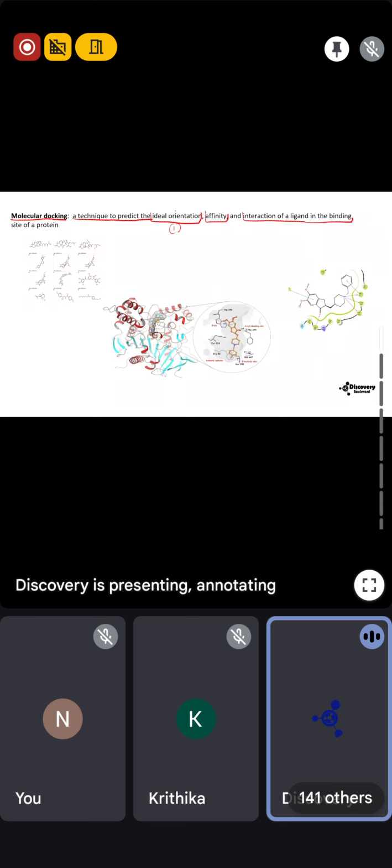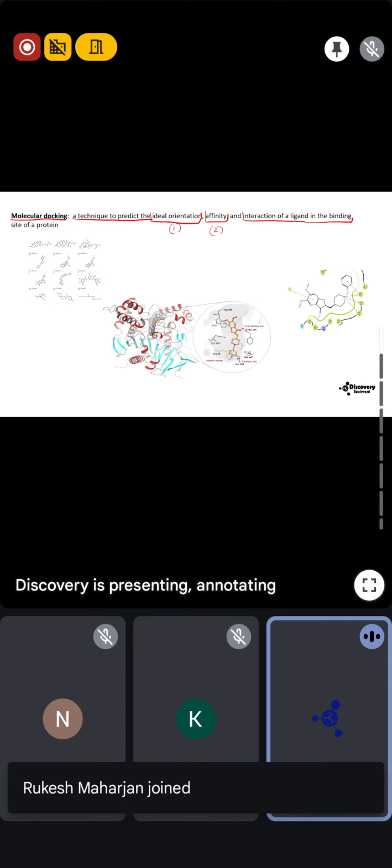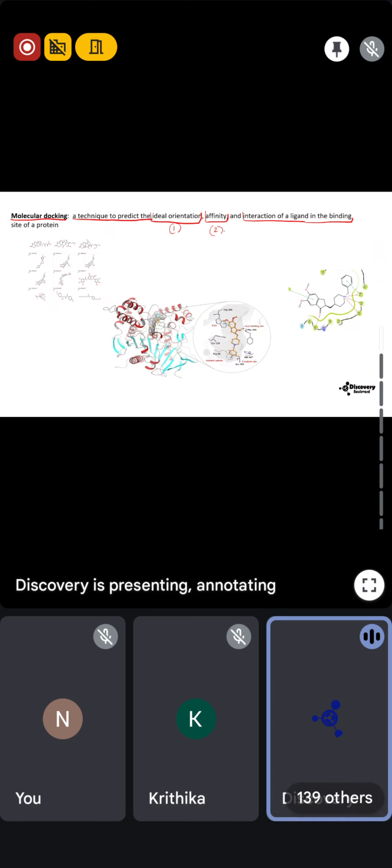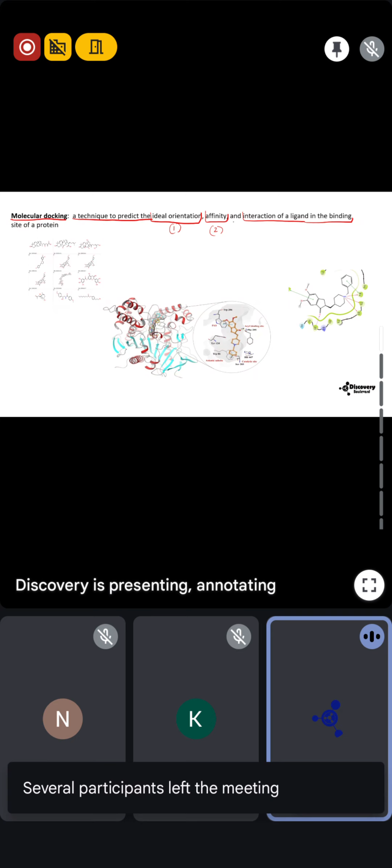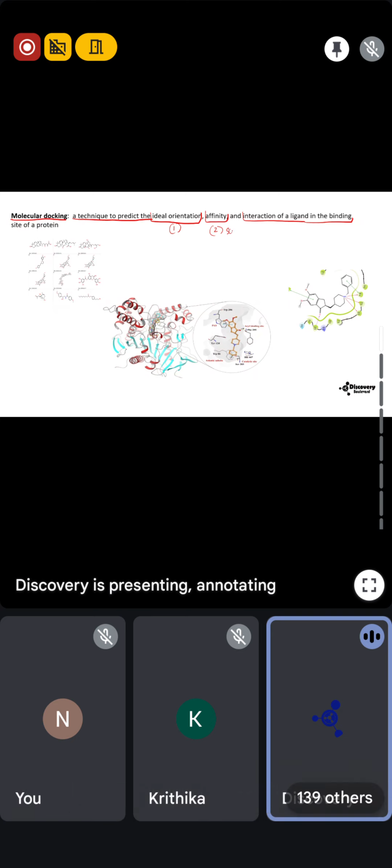It predicts the orientation of the molecule, to see if it can fit inside the pocket of your target enzyme or protein. Once you have this ideal orientation, you will be able to calculate a score, some kind of predicted binding affinity or free energy of binding, that can give you a score.